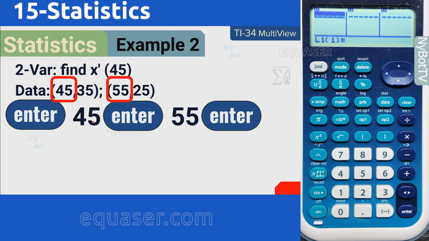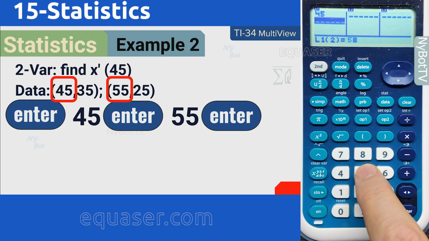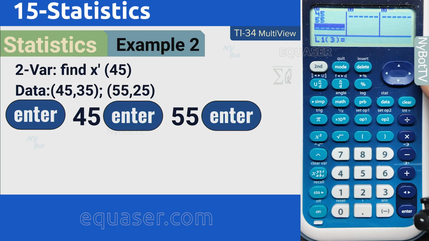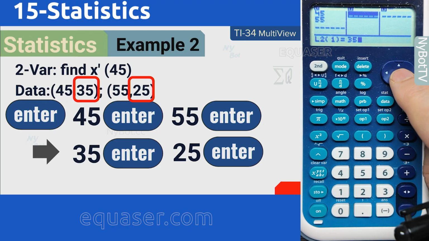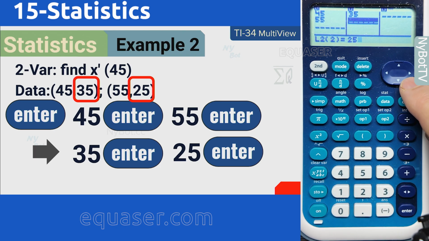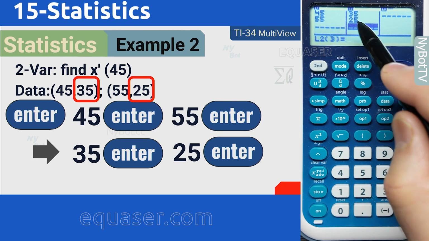Let's enter 45, down, and then 55, down. Now go to the right, 35 down, 25 down. So this is data, this is the frequency.